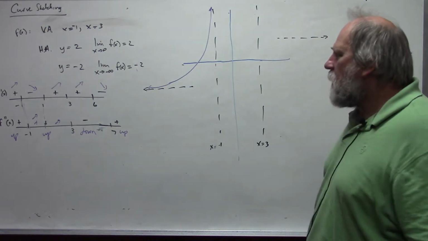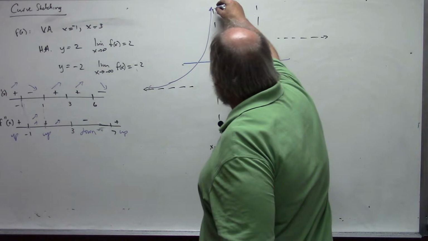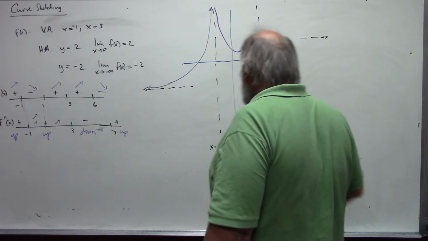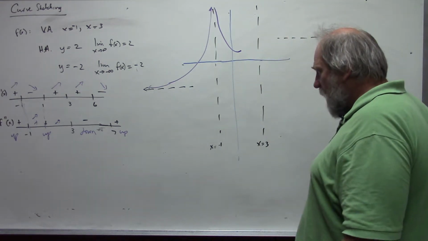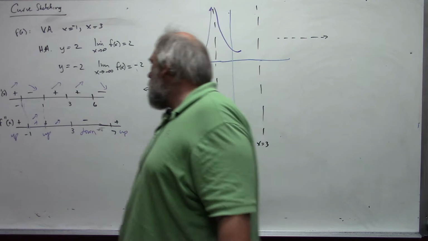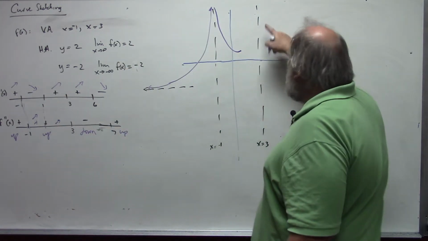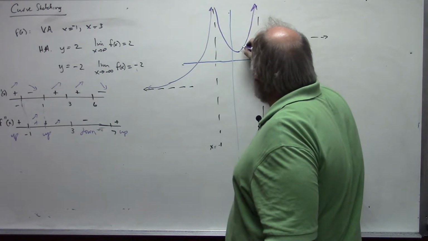From -1 to +1, I am decreasing but concave up, something like this. I don't know exactly how far down it goes. I don't really care. We're just doing a rough sketch. And then from 1 to 3, I'm increasing and up with another vertical asymptote at 3. So it does something like this.